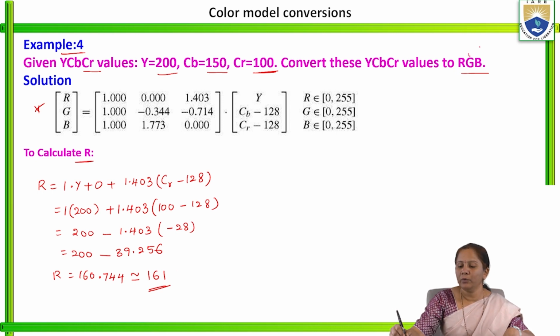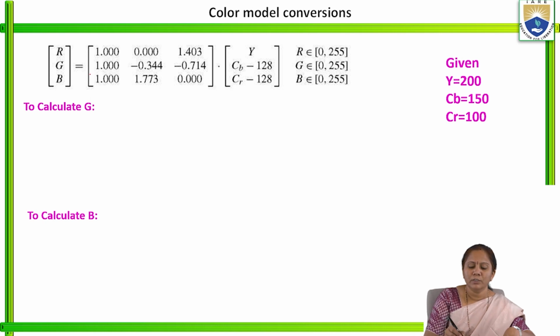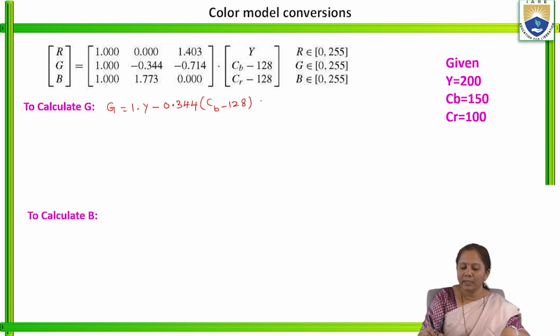Next, we have to find the value for G. Considering the same matrix, we write the equation for G. G is equal to 1 into Y minus 0.344 into CB minus 128, and the next term, minus 0.714 into CR minus 128.